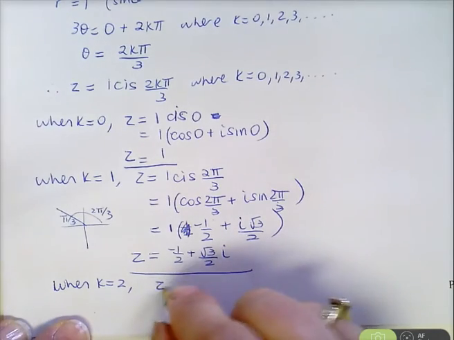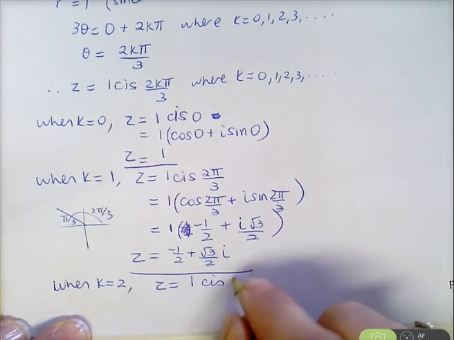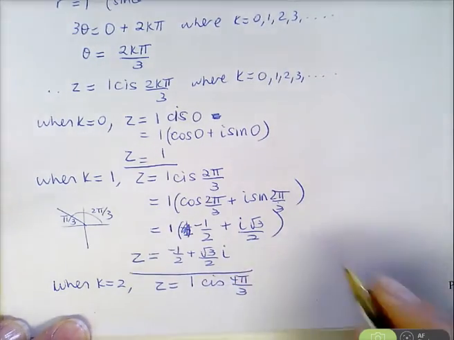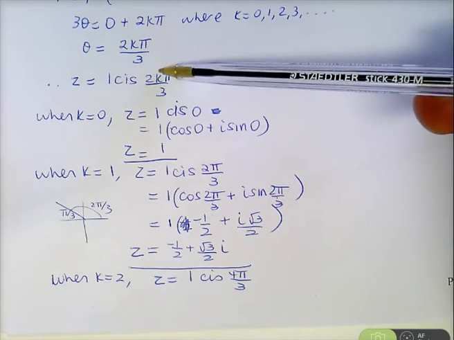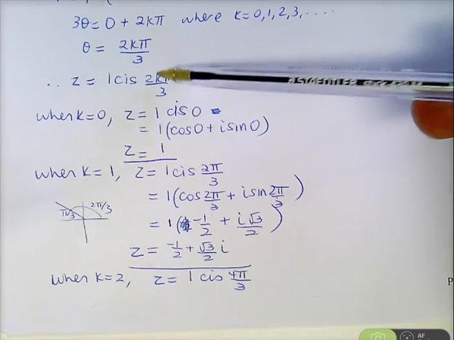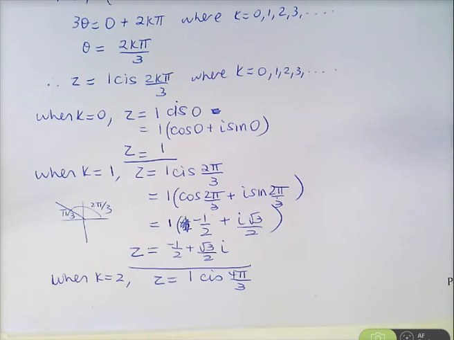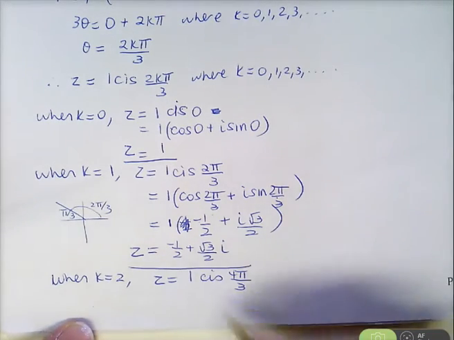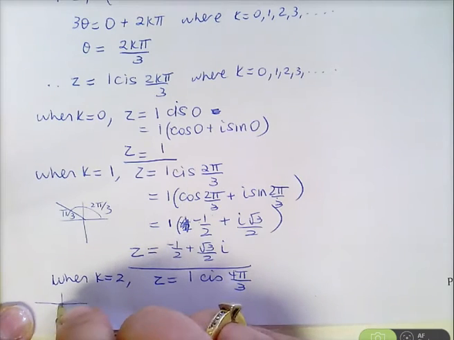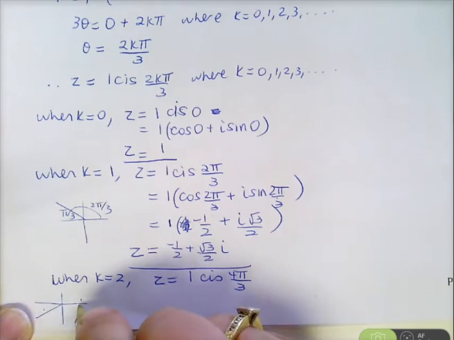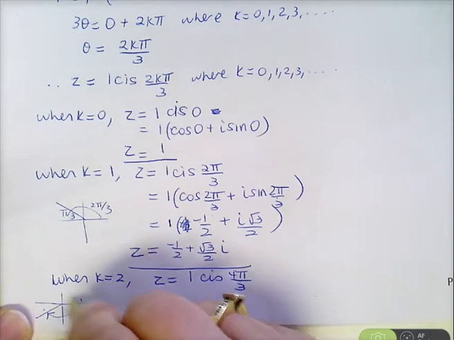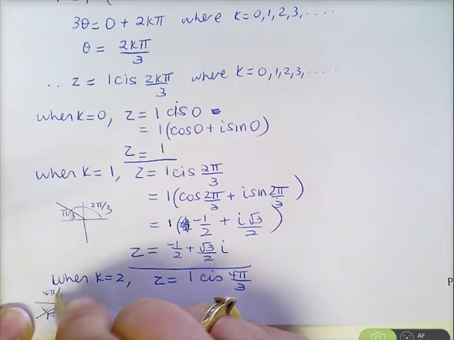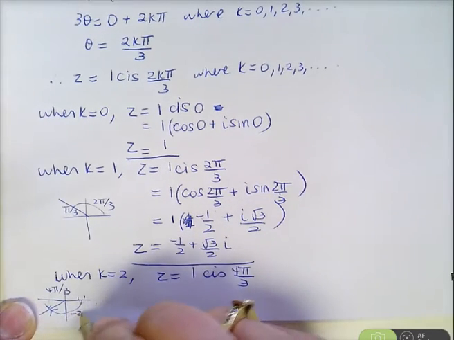When k is 2, z equals 1 cis 4 pi on 3, because k is 2, so it's 2 times 2, which is 4 pi on 3. Now remember our arguments go from 0 to pi or 0 to negative pi, so instead of calling that 4 pi on 3, we will call it negative 2 pi on 3.